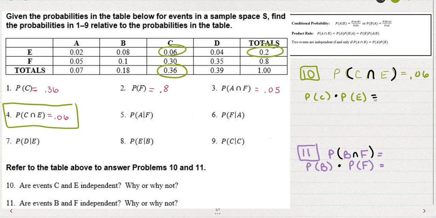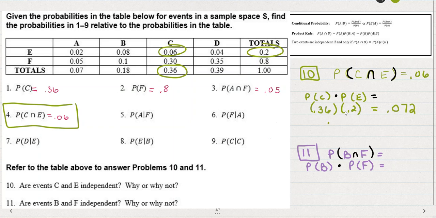If I multiplied the probability of C times the probability of E, the probability of C is 0.36, and the probability of E, 0.2. And when I multiply those, I get close, but not precisely, 0.072.